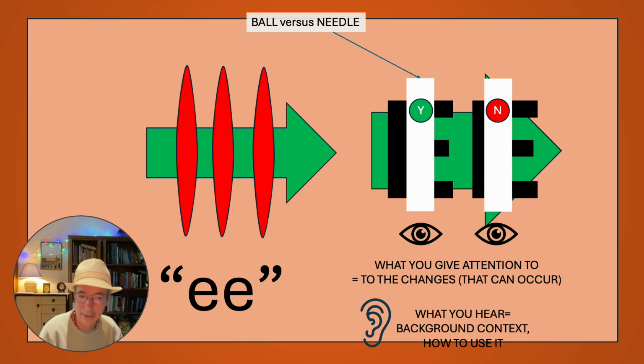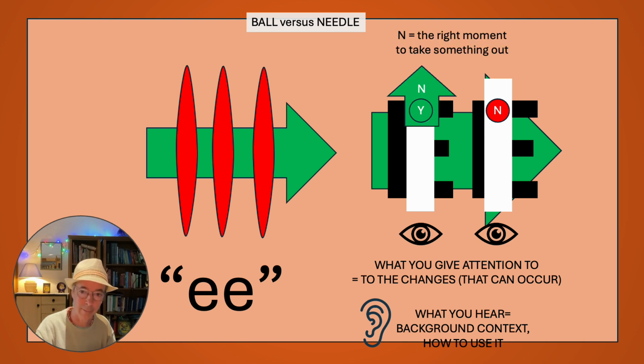So in the placement which we will use in the form which we will have, I will have a moment where I have the choice that yes, here I will take it, and another one where I say no, here I will not take it, here I will, and the purpose is to take something out. So you take something out at the right moment. That's the N, that's always the N. It's like the content that you can take out. Oh yeah, I can use this content at this point.